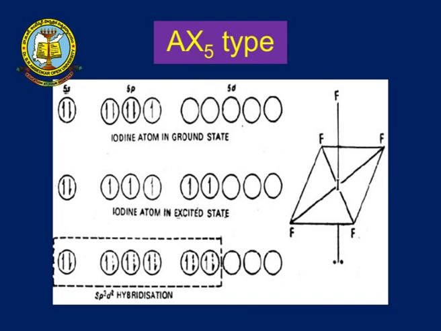So, the hybridization is sp3d2 and the geometry is square pyramidal because of one lone pair present on the central iodine. So, this is the information about AX5 type interhalogens, right. Here sp3d2 and geometry is square pyramidal.